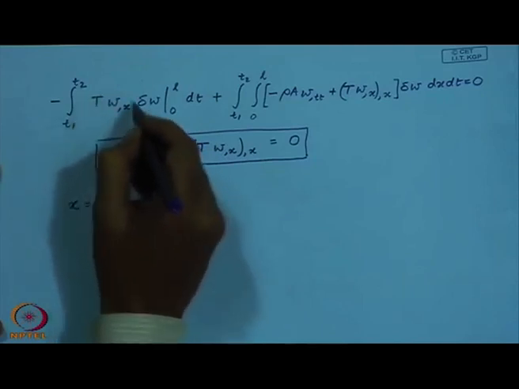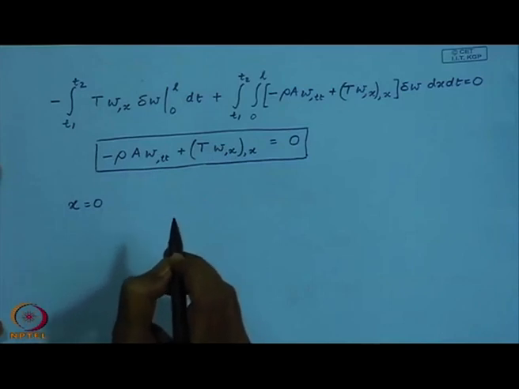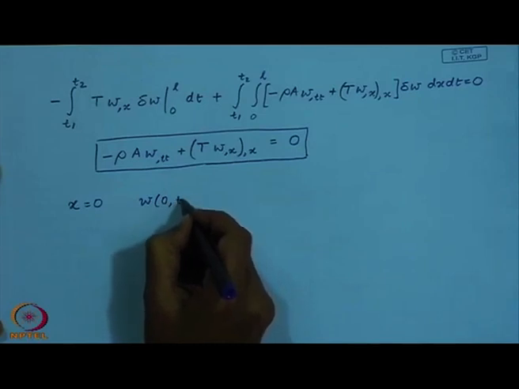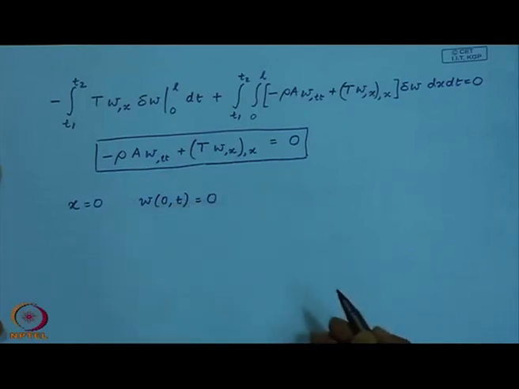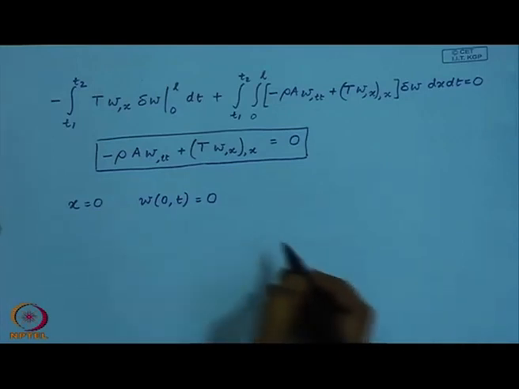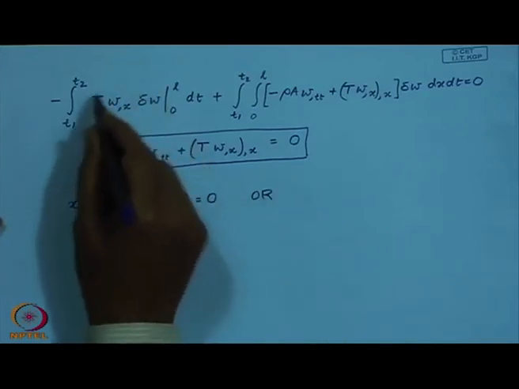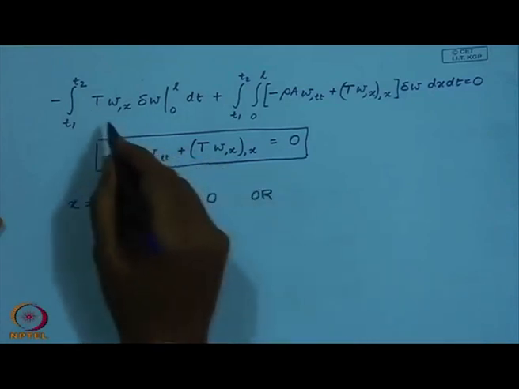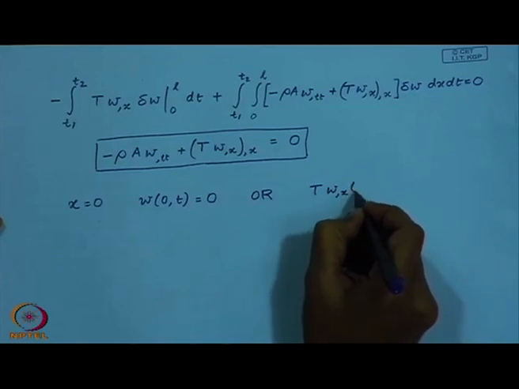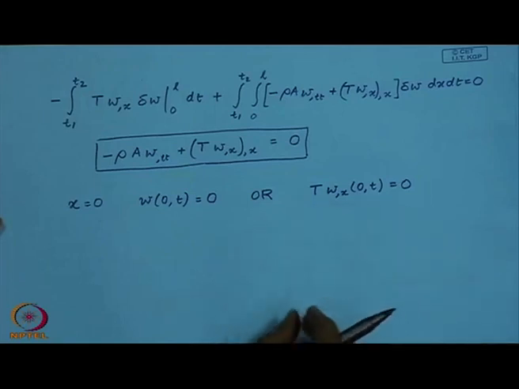This can vanish if delta w vanishes, which means that w is fixed and for all times it may be 0, or this may vanish at x equal to 0 if this term is equal to 0.